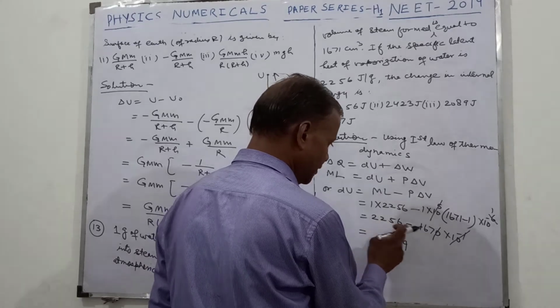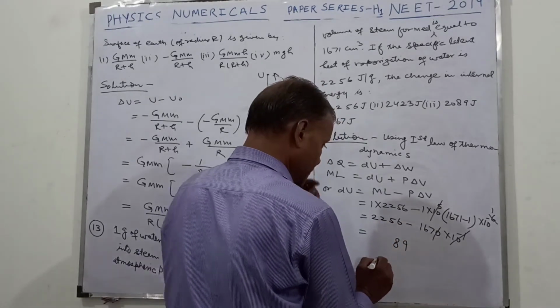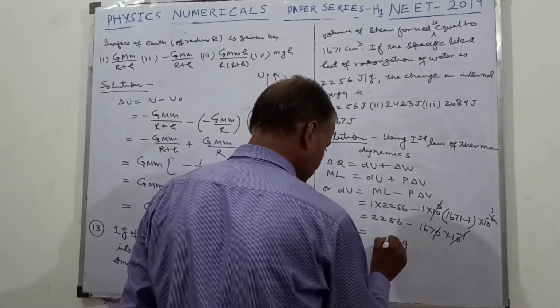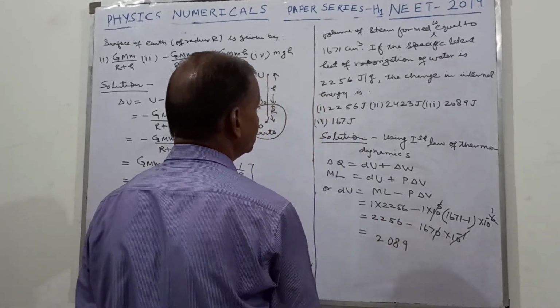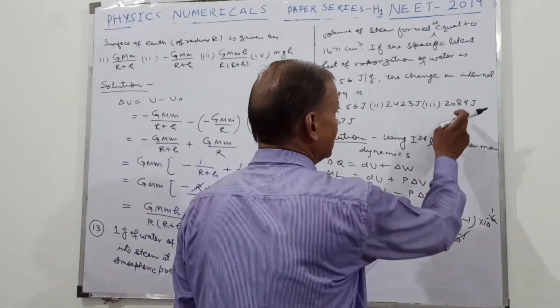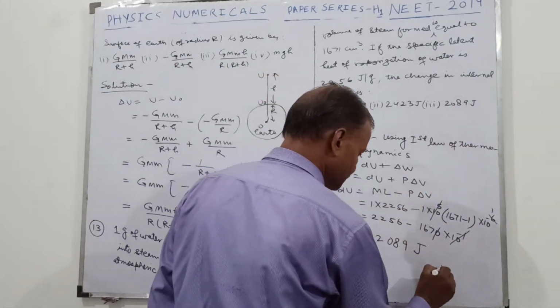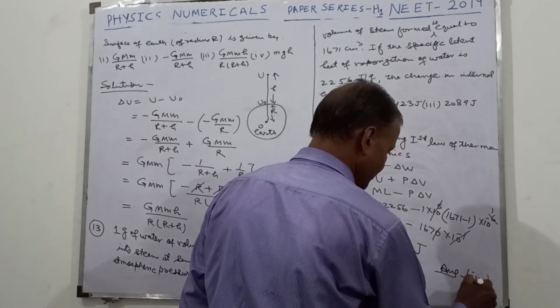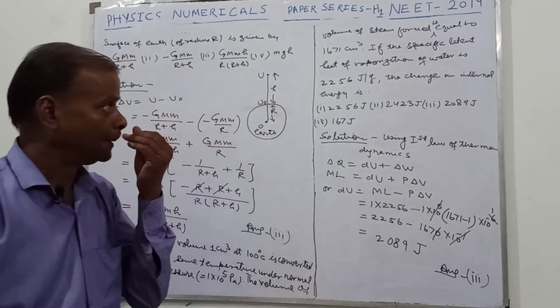This is 11. So this is now 2089 joule. The right option is third.